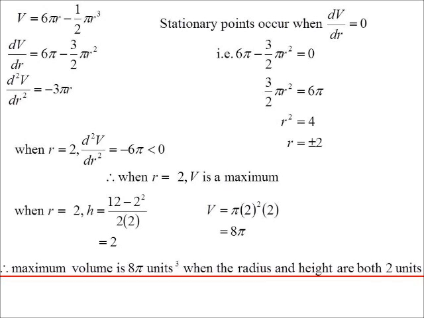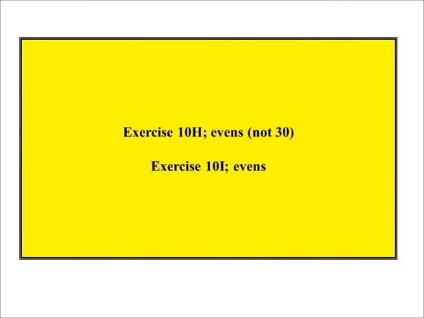Maximum volume, 8 pi units cubed, and that'll be when the radius and the height are both 2 units. So it's sort of like a short, fat bucket, isn't it, rather than the ones we traditionally see. That's the idea behind these optimization problems. We've got to get a couple of equations out, then use our techniques of calculus to go and solve the problem.